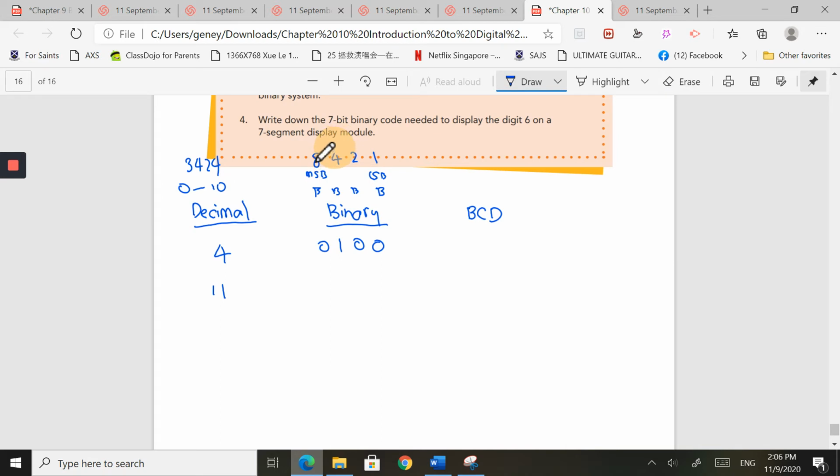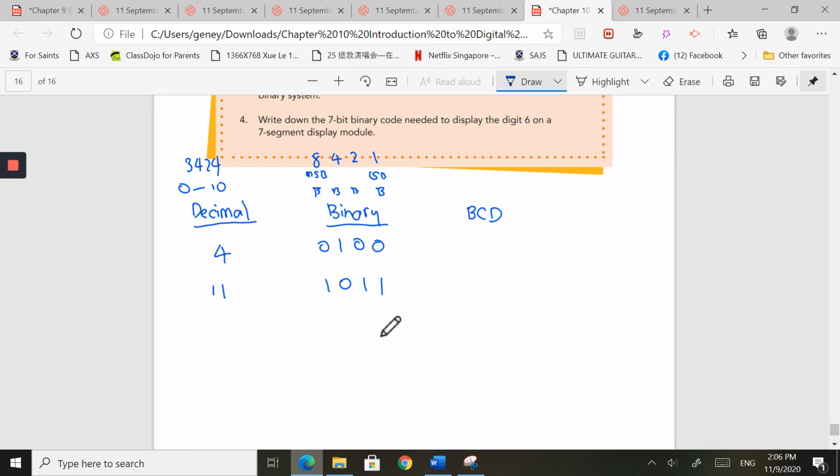To make up 11, I want 8, I want 2, and I want 1. 8 plus 2 is 10, 10 plus 1 is 11, so yes, it gives me 11. I do not want the 4 now. So to get 11, I want the 8, I don't want the 4, I want the 2, and I want the 1. This is my binary equivalent of the decimal.